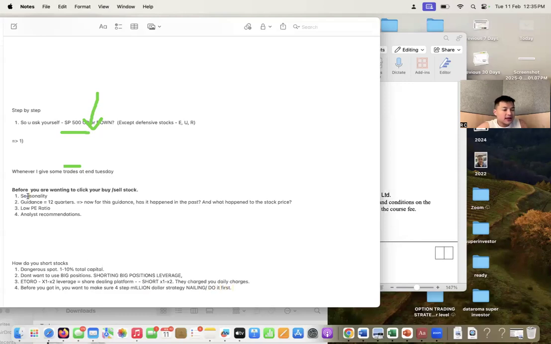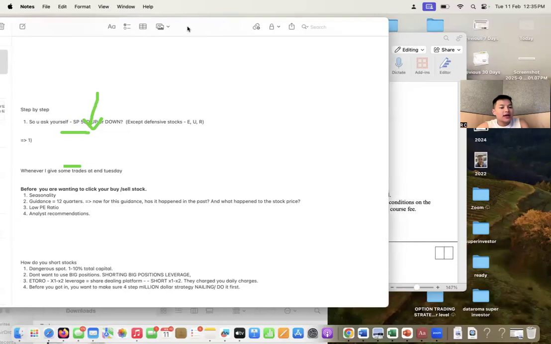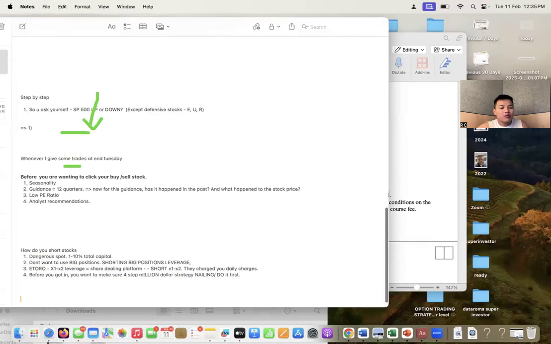This is a 4-step: season, guidance, low P, analyst recommendation. If you're shorting, you want to do the opposite of everything. If you don't do that, prepare to lose some money. I'll just make it very clear. If you skip any of these, prepare to lose some money. Okay? I'm making it very, very clear for you.